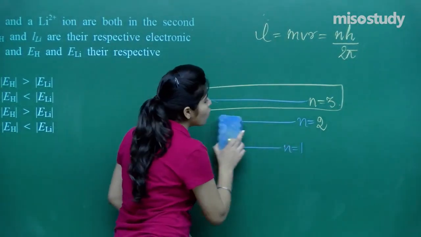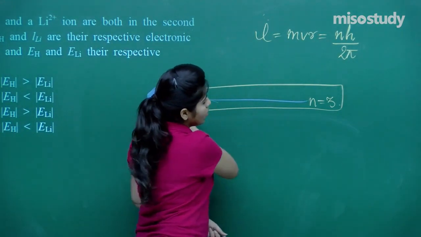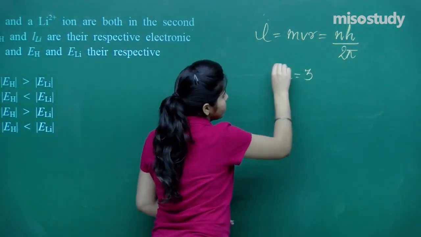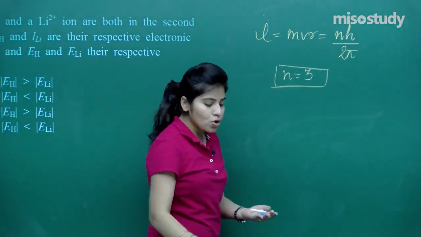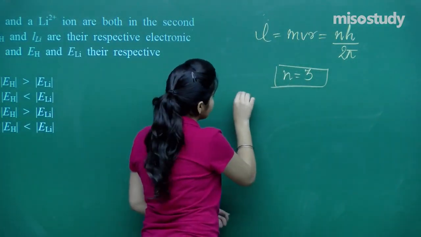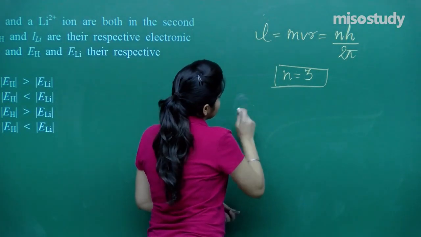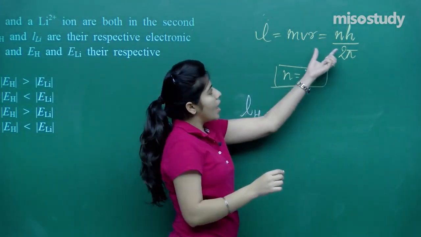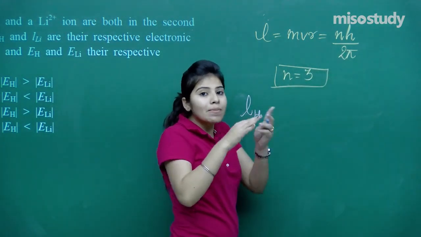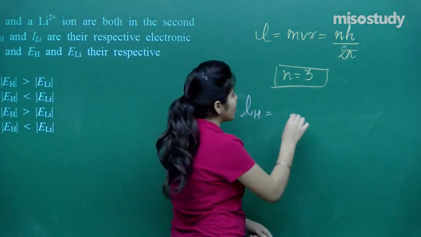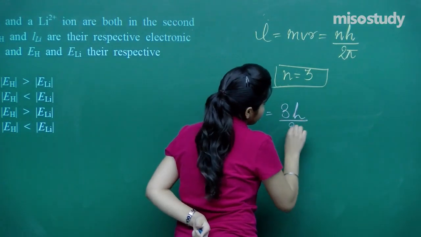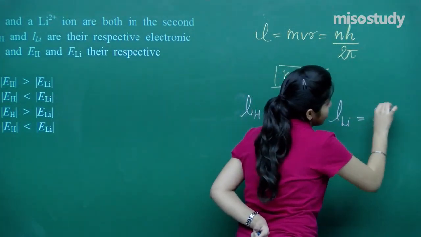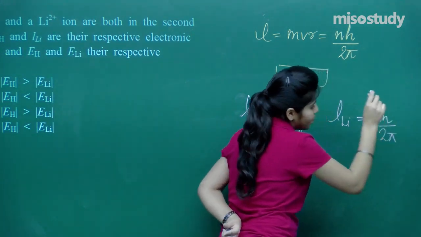So let me remove what is not required. We just need that our n has come out to be 3. So if I talk about the hydrogen atom, your angular momentum for the hydrogen atom will be nh upon 2 pi, because they both are in the same excited state. So that will be 3h upon 2 pi. Again for lithium, that will be 3h upon 2 pi.